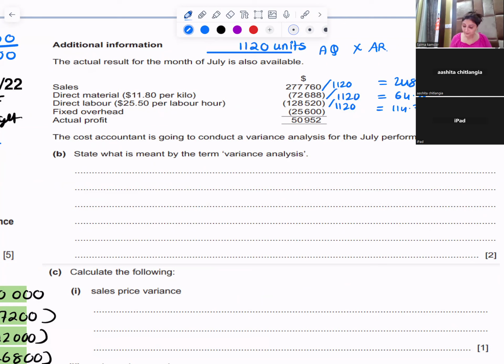State what is meant by the term variance analysis. What is variance? It is the difference between your budgeted amount and the actual amount. But you have to write for 2 marks.